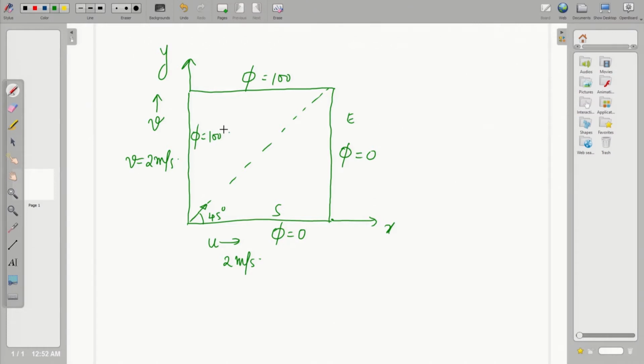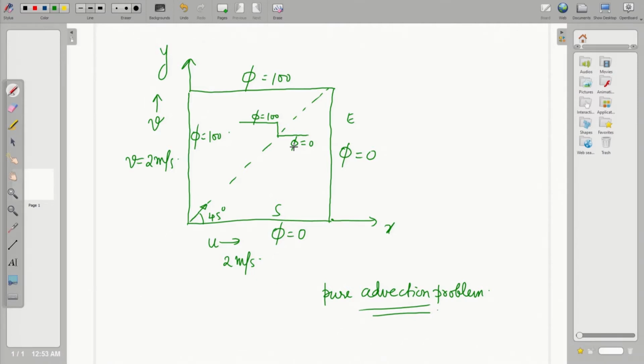Because we are solving a pure advection problem, we are not going to take the diffusion term, we will just take the advection term. That means phi would be transported in such a manner that there would be a step change of phi about this line. This would be the phi equal to 100 value, and this would be the phi equal to 0 value existing across the dotted line. That is how phi would be transported, because you have equal velocities along the 2 directions.